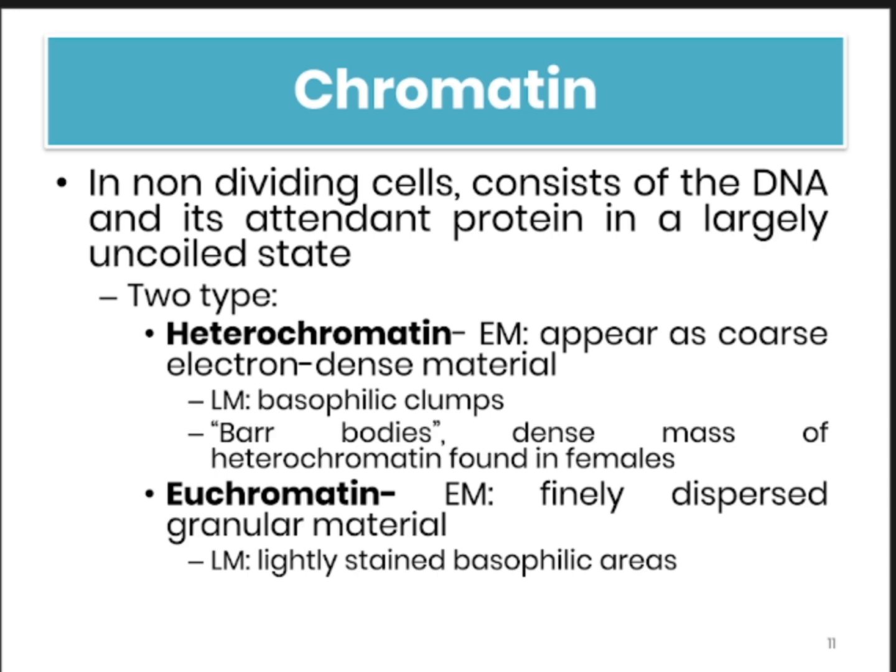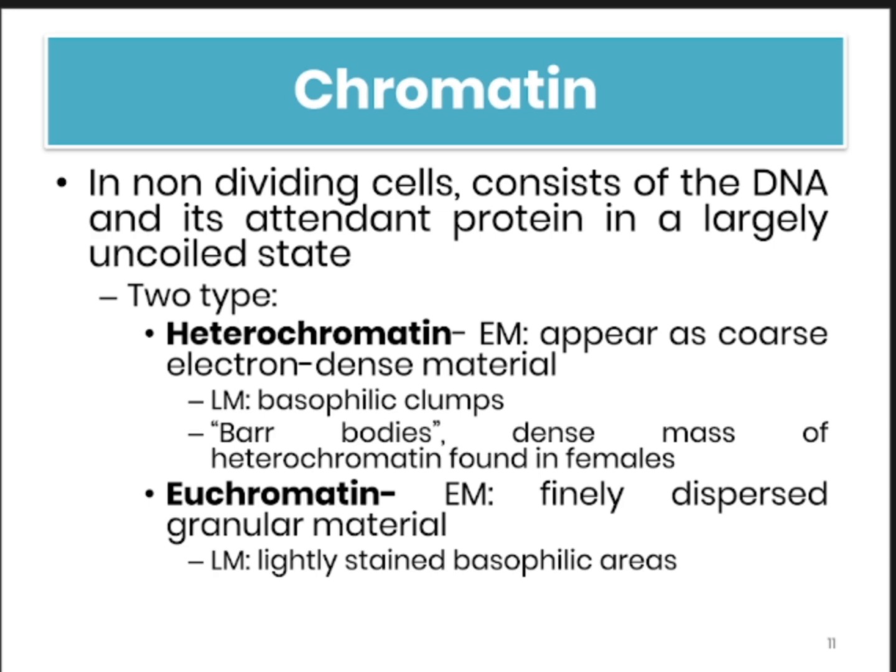So it is prominent in metabolically active cells such as your neurons, and we also have your liver cells. In electron microscopy, it's like a finely dispersed granular material, while in light microscopy, it's lightly stained basophilic areas.